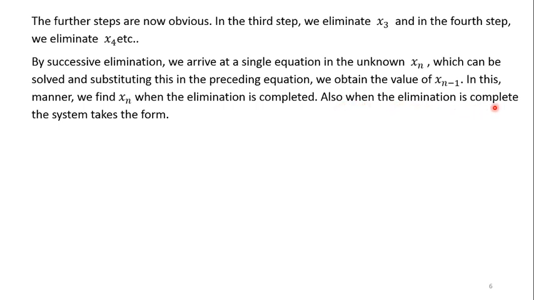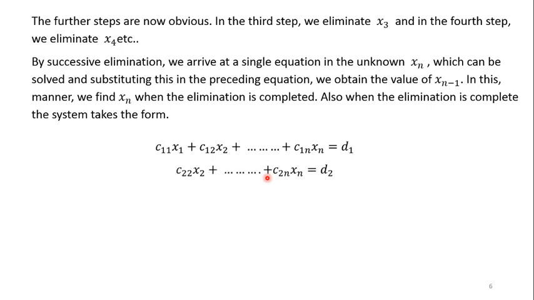Also, when the elimination is complete, the system takes the form c11 x1 plus c12 x2 ... c1n xn equal to d1. Suppose the second one is this, and so on up to the nth equation having this.